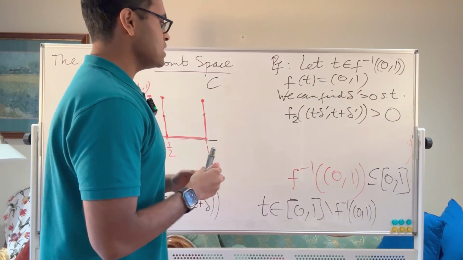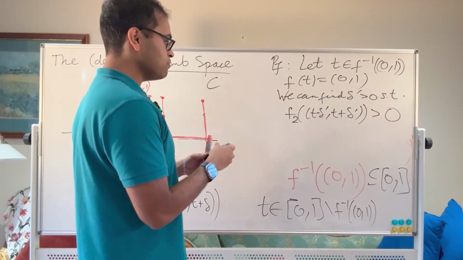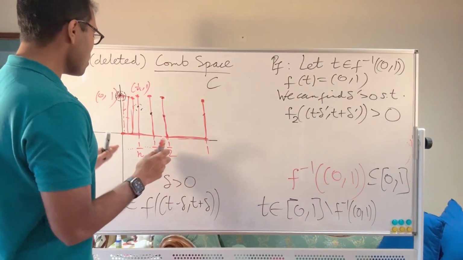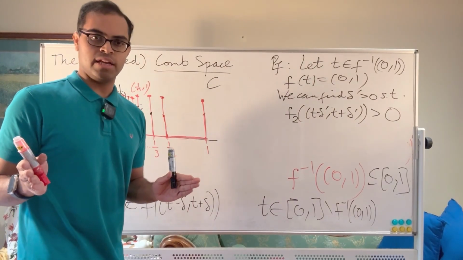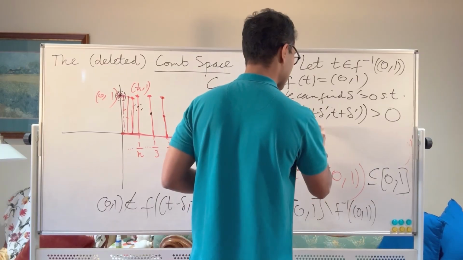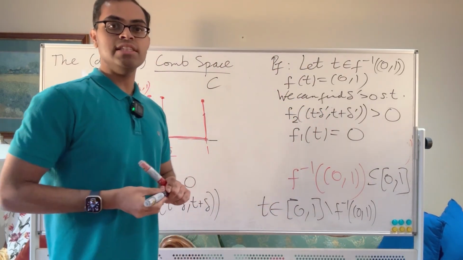Now here's the interesting thing. Think about what the first coordinate of f has to be. We know that f1, the first coordinate at t, is just going to equal 0, because f of t is equal to (0, 1).